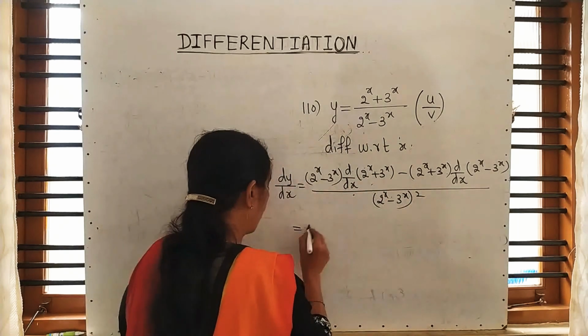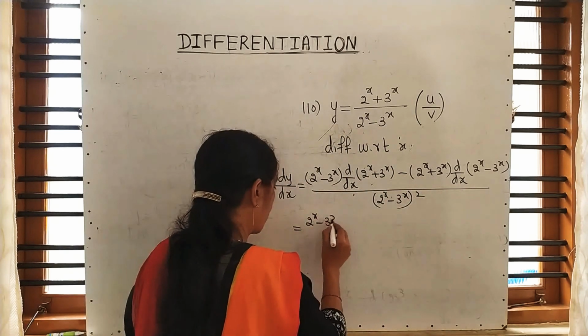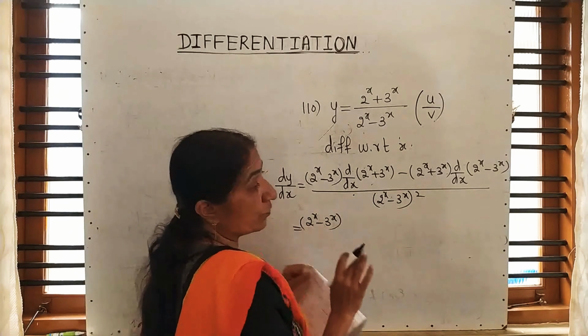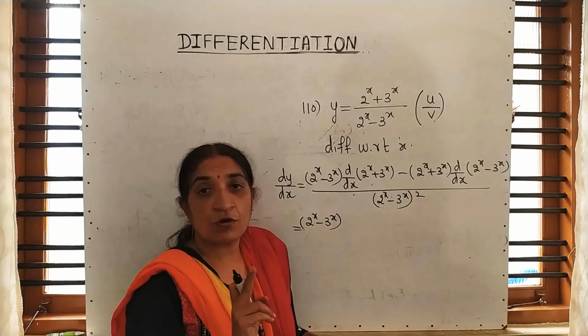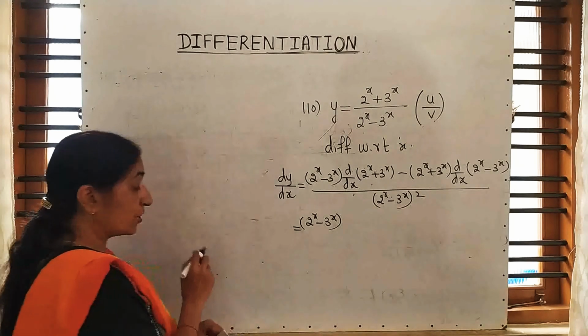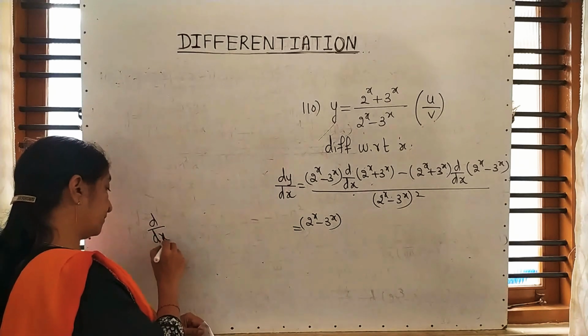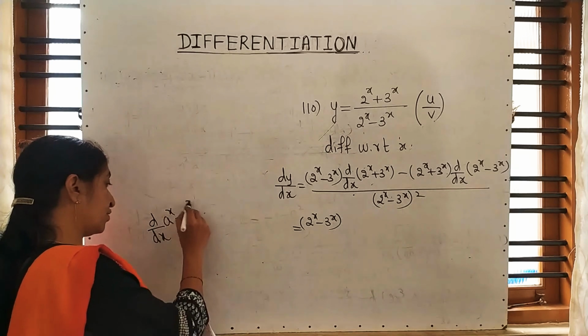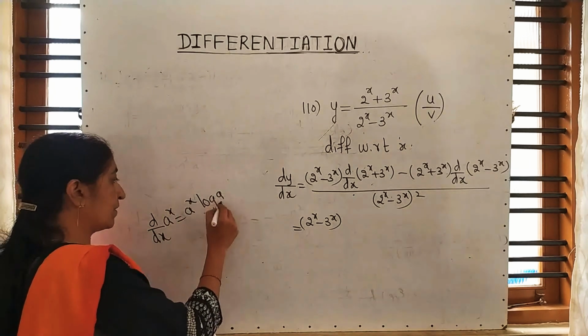The term before differentiation, keep as it is. Hence, what is the formula for differentiation of a raised to x? Differentiation of a raised to x is what? a raised to x into log a to the base e.